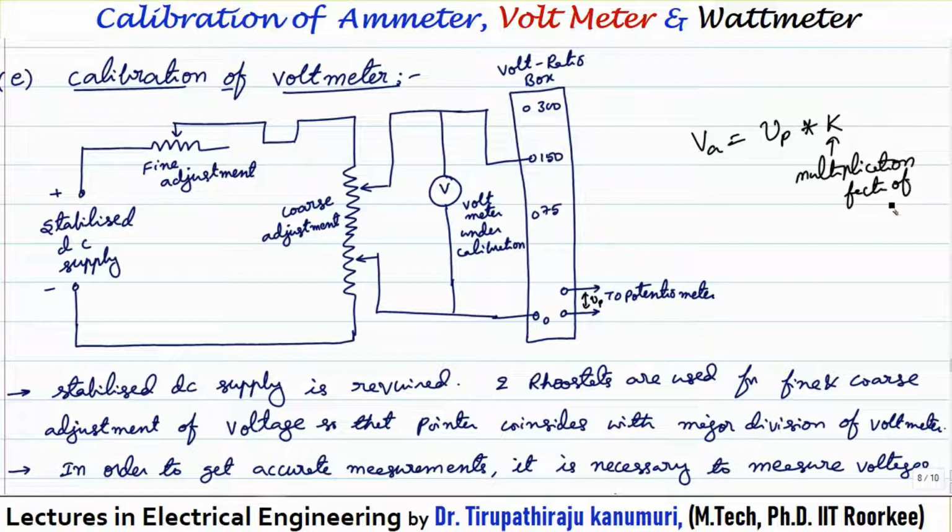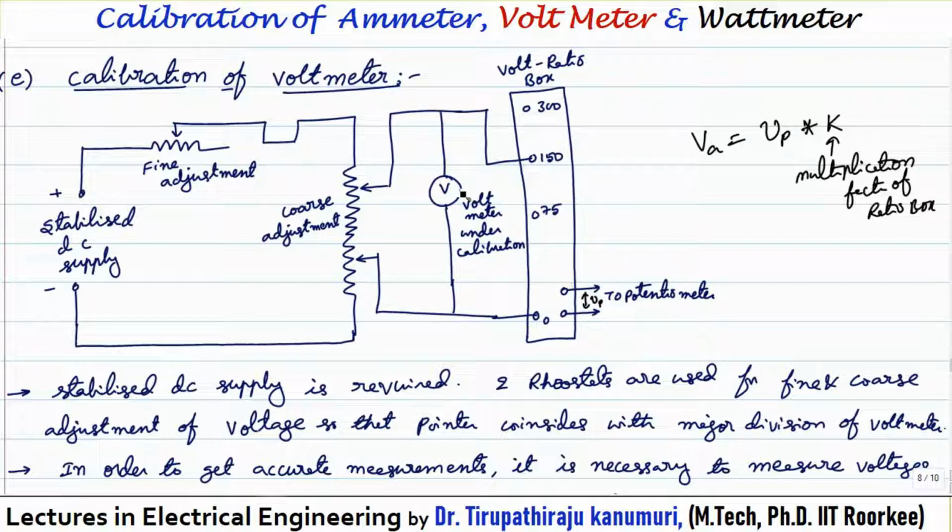of the ratio box. Why this multiplication factor and what these things are, we have already discussed in our previous lecture. Using this we get the actual value of the voltage using the potentiometer, and the voltmeter reading indicates the measured value. If both match, error is equal to 0.